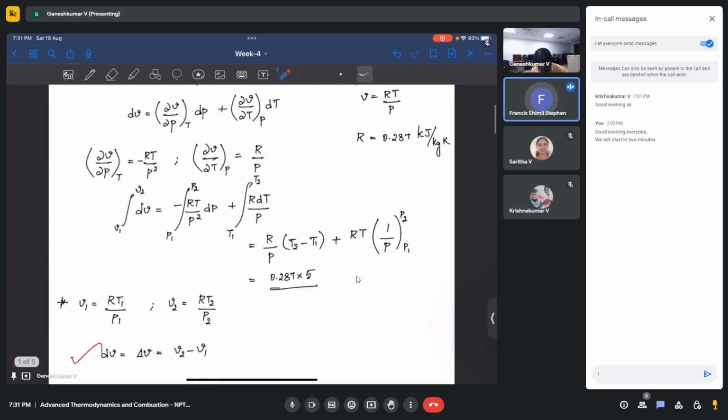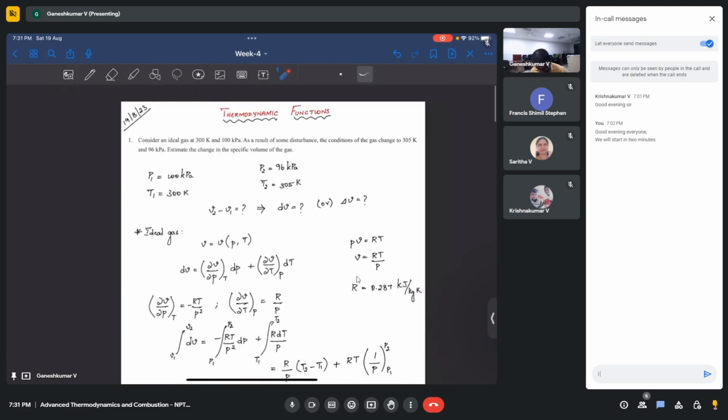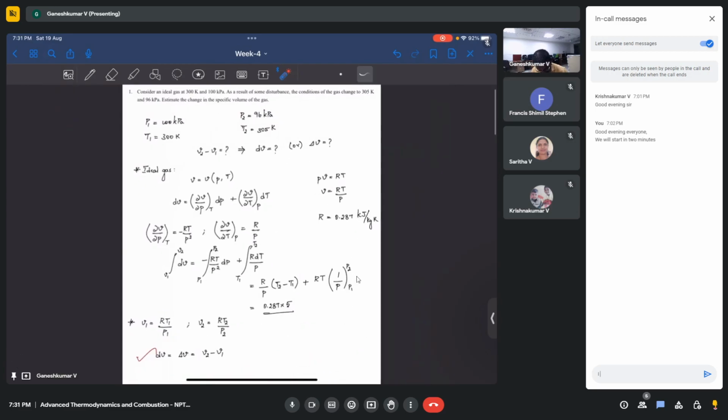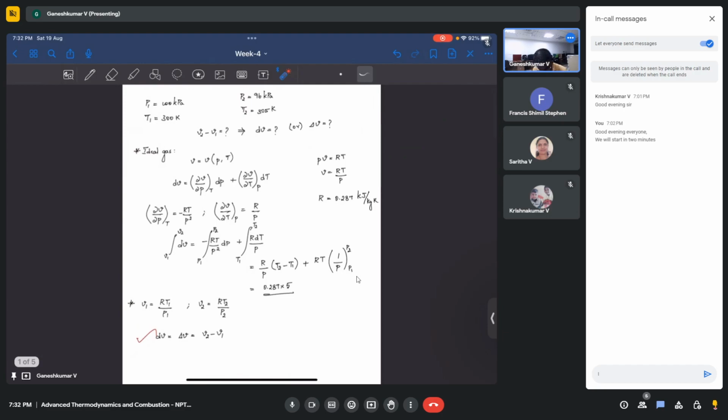So can you show those values? Okay. So for the value of P, which one will we be taking?